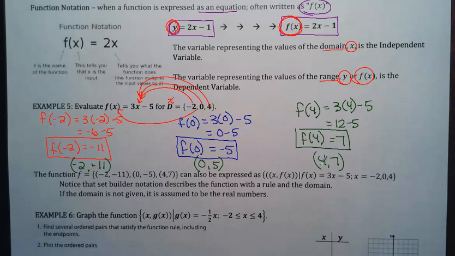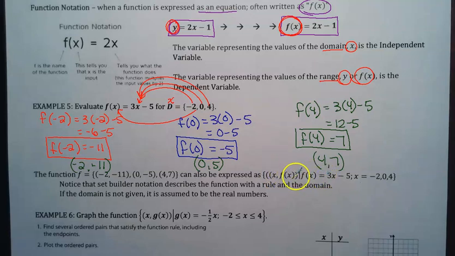Now a little bit trippy part, I feel like. We have the function f, with the set notation -2, -11, coordinates 0, -5, and 4, 7. It can also be expressed as the set of x, f of x such that, just remember like earlier we had x, y such that y equals.